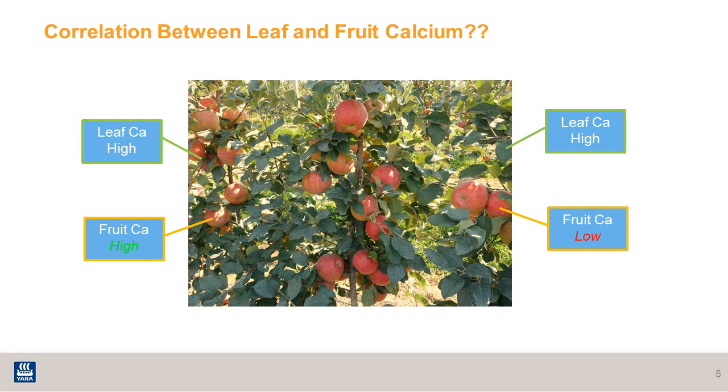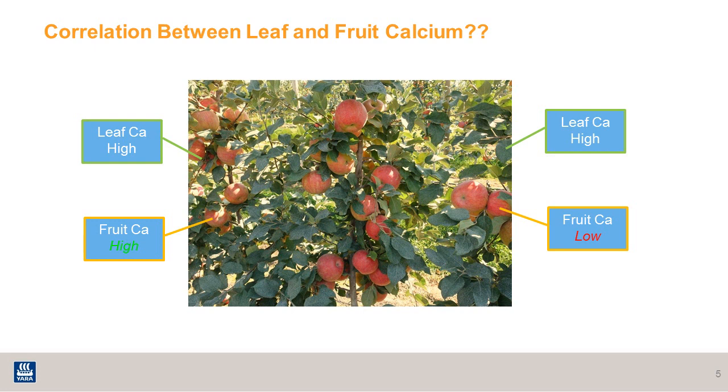Before we proceed, I believe it is very important to understand that there's very little to no correlation between the leaf and the fruit calcium in apples. What that means is that you can have high leaf calcium as well as high fruit calcium, or you can have very high leaf calcium but end up with low calcium in the fruit.